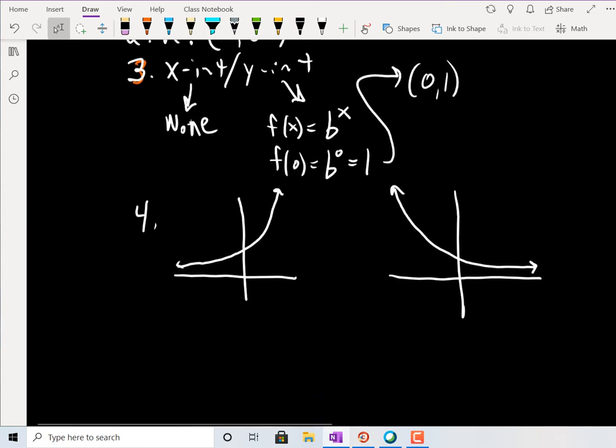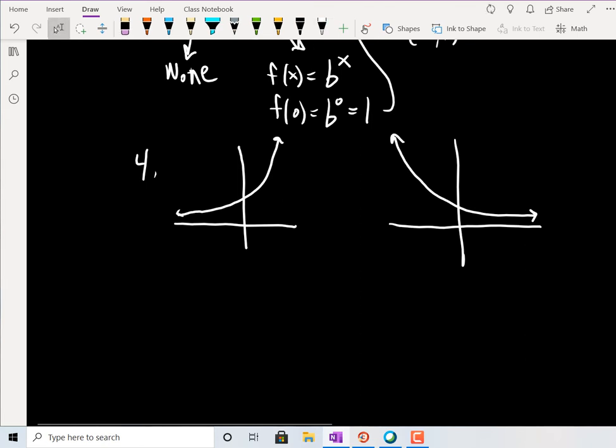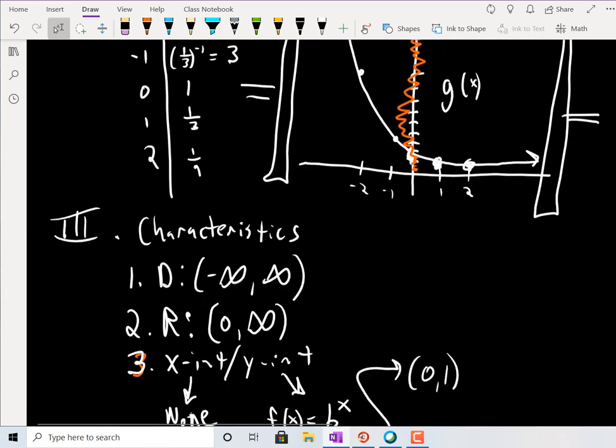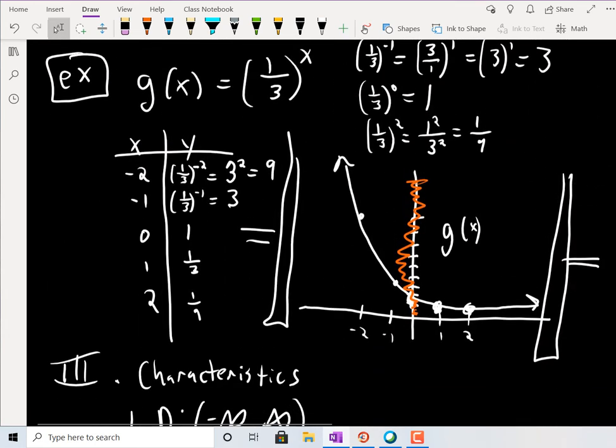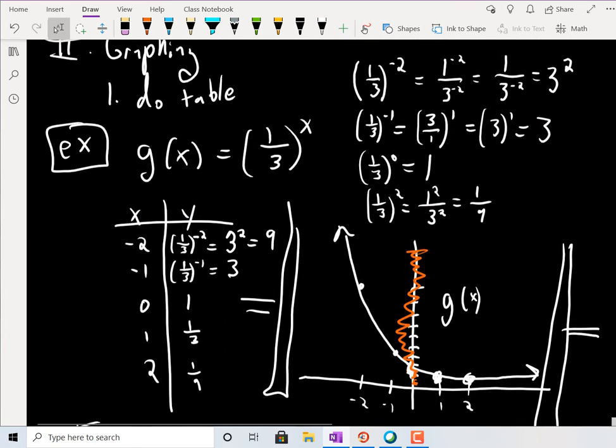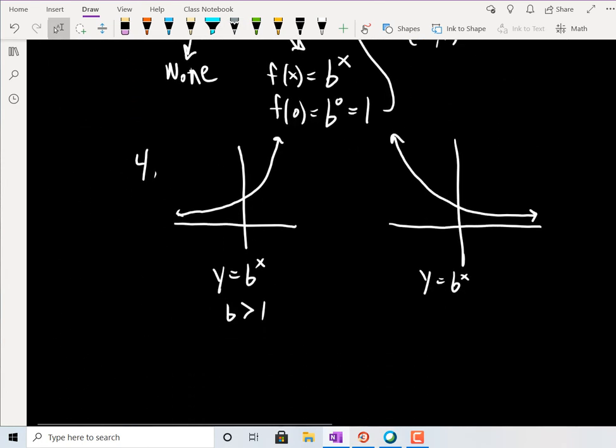You can tell by the b value. The first case is where b is greater than 1. The other case is when b is between 0 and 1. In the above graph, that was the exponential decay kind, and the base, 1/3, is less than 1. So that's the second case: b will be less than 1 but greater than 0.